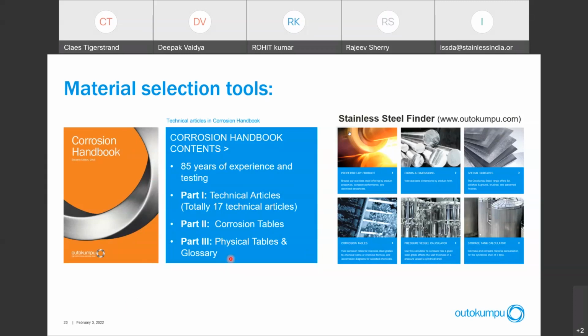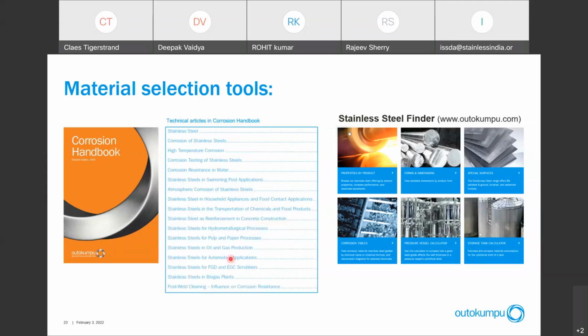In the technical articles, we cover a lot of different areas, material selection for a lot of different industry sectors, like pulp and paper and oil and gas, to make sure you use the right grade based on our experience.